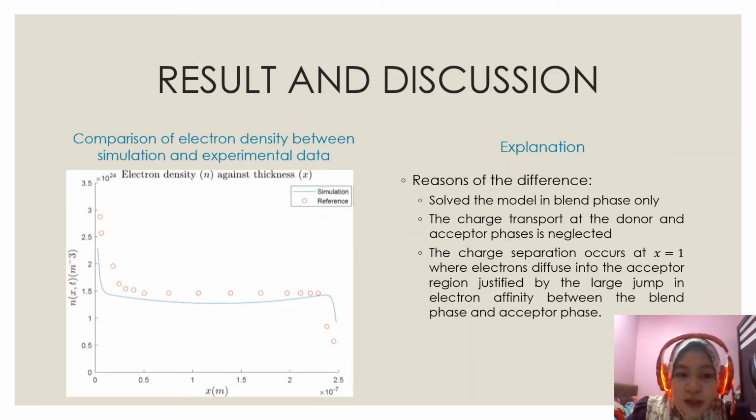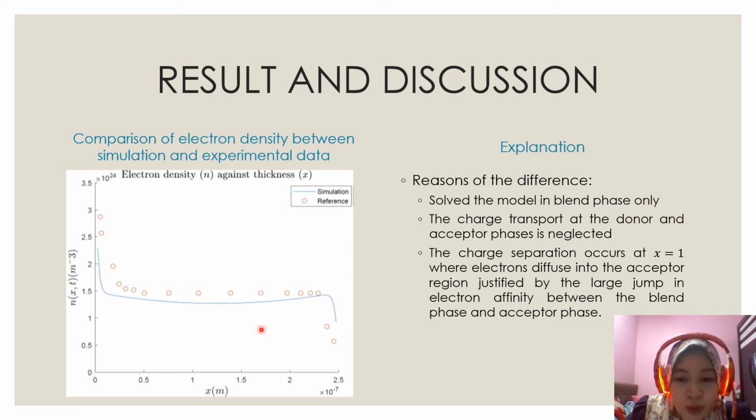For the results and discussions, now we can see the comparison of electron density between simulation and experimental data. So based on the result, there is a simulation and reference. Why does the difference occur? Because we solve the model in blend phase only, and the charge transport at the donor phase and acceptor phase is neglected.